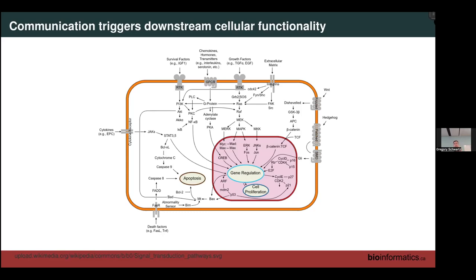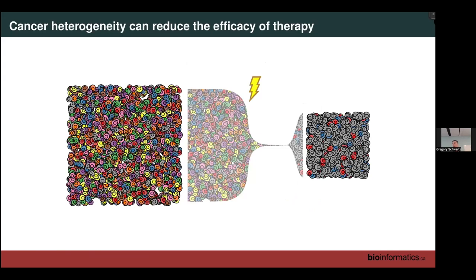And so you can imagine that the dysregulation of these communications can lead to different kinds of diseases. For example, in my lab in particular, we're interested in cancer and how the dysregulation of these signals can cause resistance to therapy.